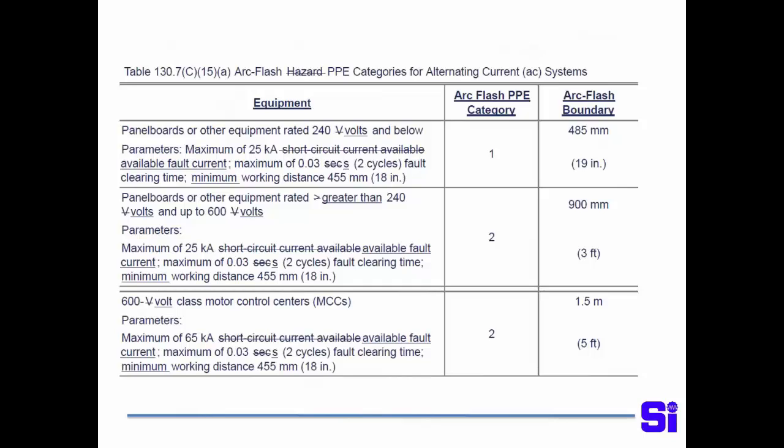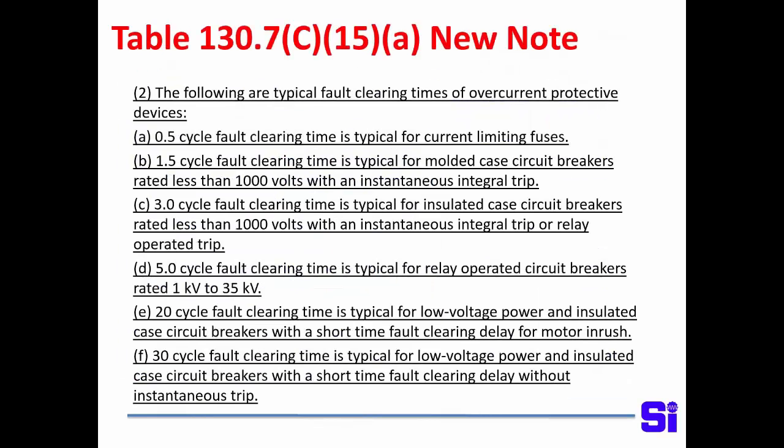One of the things we are changing, that may not stay, is changing short circuit current available to available fault current. There was some back and forth on this, and I didn't feel that people were really solid on it, so we may just keep it as short circuit current available, which would make me happy. And we're adding the word minimum to working distance, the minimum working distance. If you're closer than that, these tables don't apply.